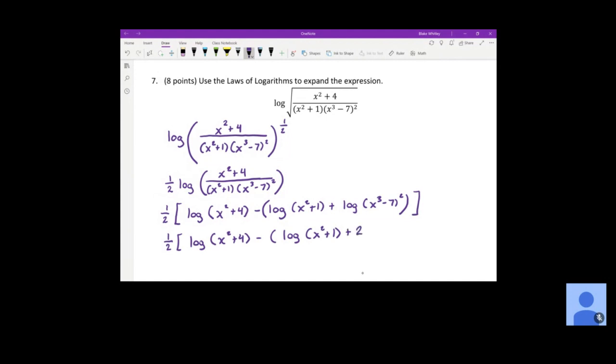So plus 2 log of x cubed minus 7. And at that point, you could stop. If you want to distribute the negative to everything or distribute the 1/2 to everything, right, go right ahead. That's fine. Okay, but this answer that we have here now takes care of all of our properties. We've expanded as far as we possibly can. The only other thing you could do is possibly distribute and maybe simplify, but there's really nothing to combine. So if you leave it just like that, I'm fine. Any questions on that one?